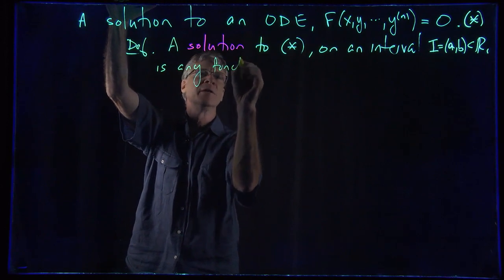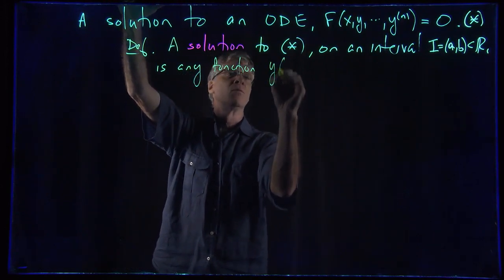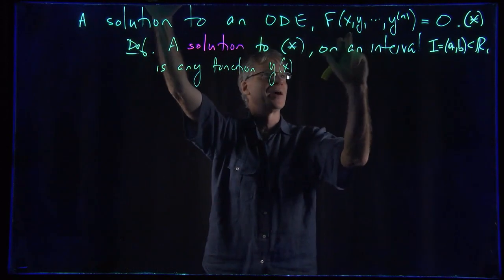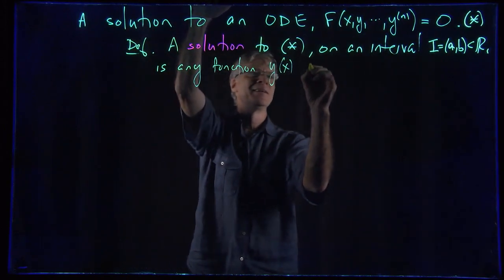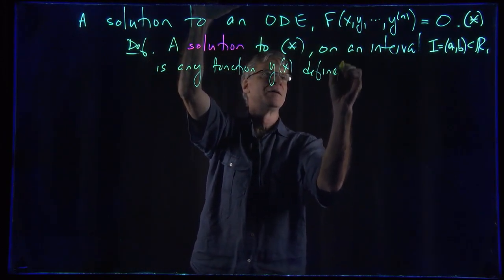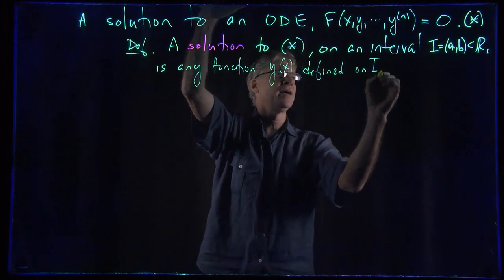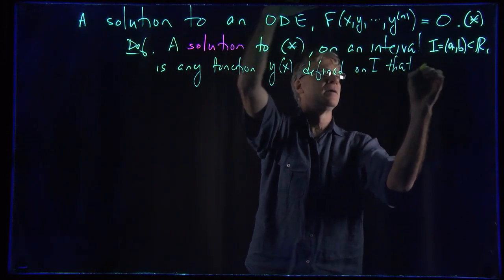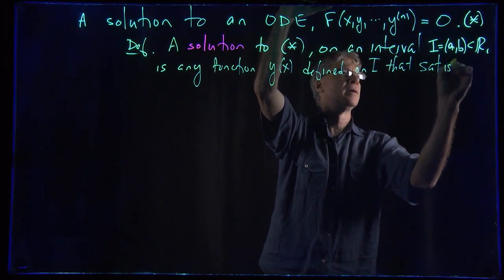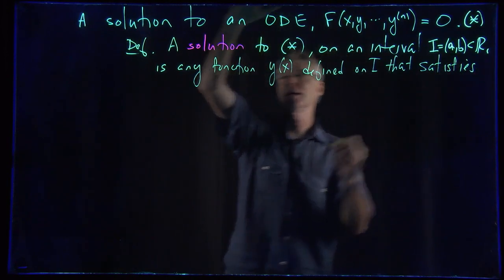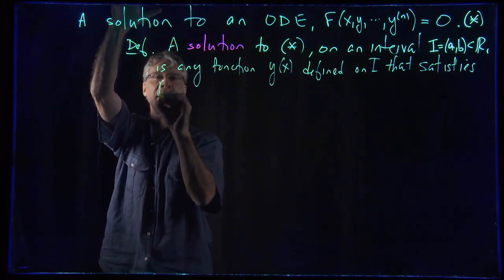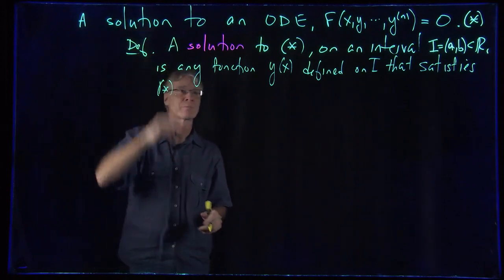is any function y of x, remember it has to have the right variables. It has to be defined on I. And it has to satisfy the differential equation. Okay.